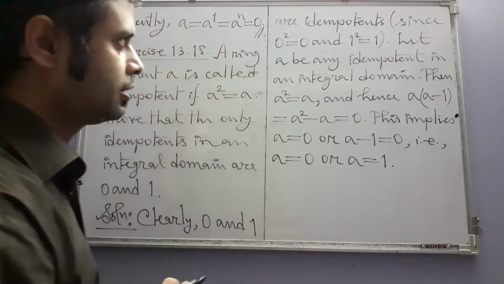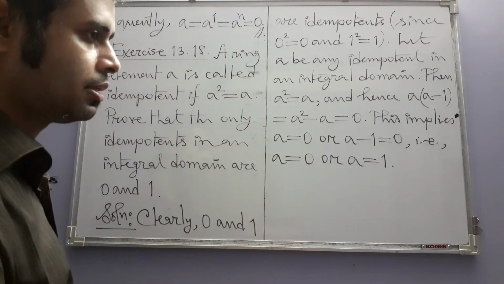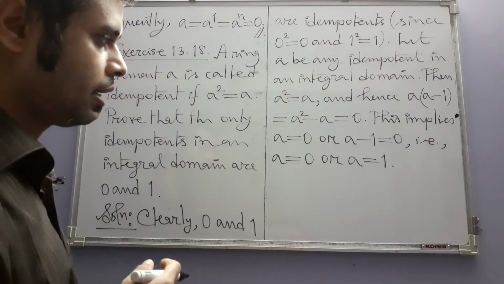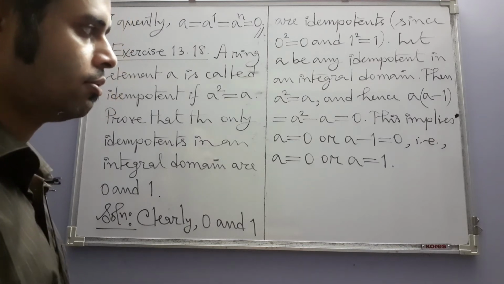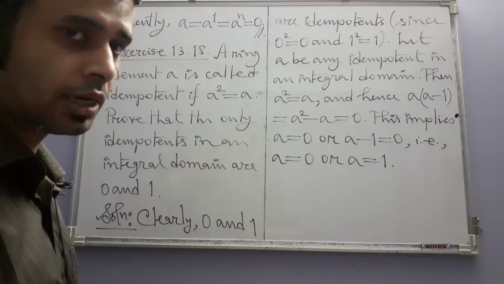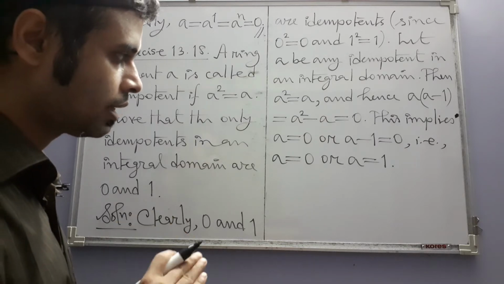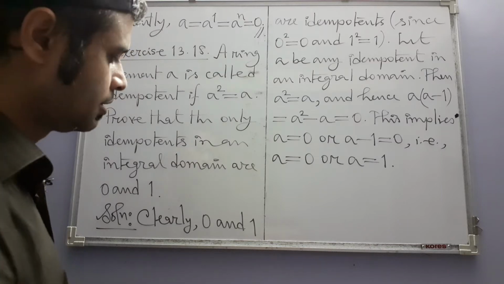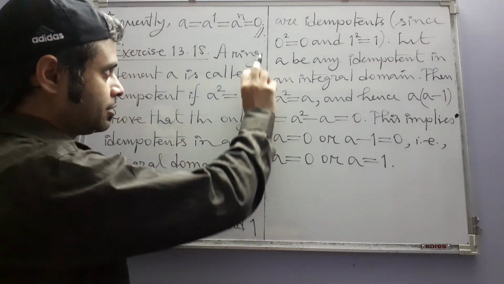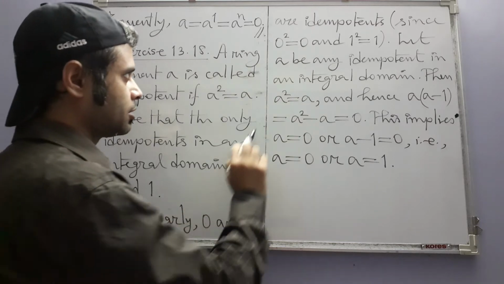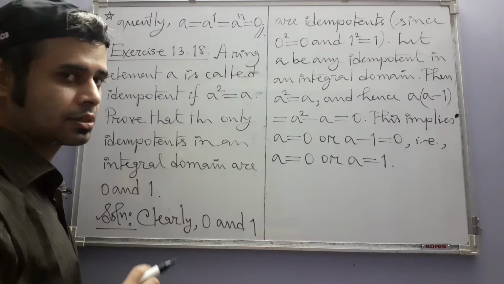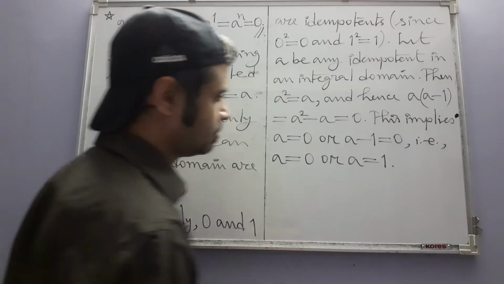You just show that if any idempotent element is considered, then it has to be equal to 0 or 1. That actually does not prove that 0 and 1 are in fact themselves idempotent elements. They have to be mentioned separately, and I am saying mentioned because this thing is almost trivial. Okay, but nevertheless it has to be mentioned.